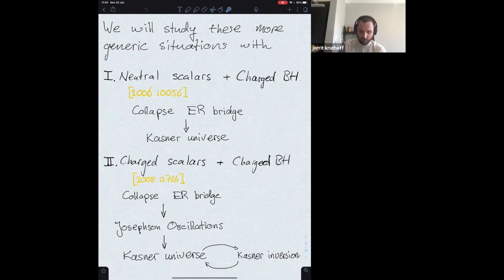First, we will see a regime that we call the collapse of the Einstein-Rosen bridge, in which, literally, any finite stretch of the Einstein-Rosen bridge gets exponentially small. And secondly, after that Einstein-Rosen bridge collapse, the black hole interior goes to a Kasner universe. And I'll explain in more detail what the metric and so forth are of this Kasner universe.